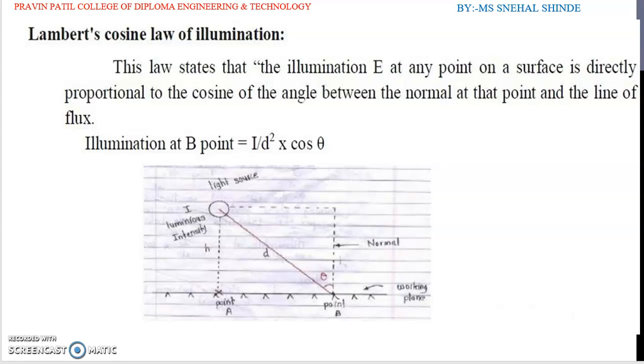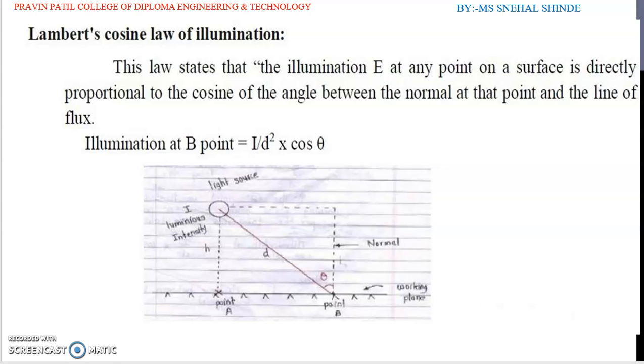Many times the illuminated surface is not normal to the direction of the light. So it makes an inclination angle as shown in line AB.